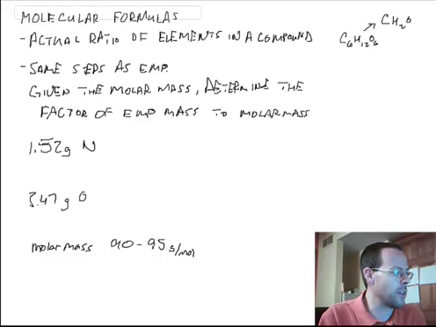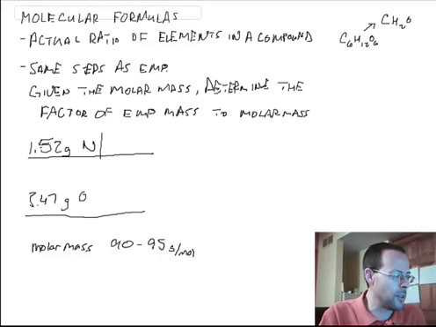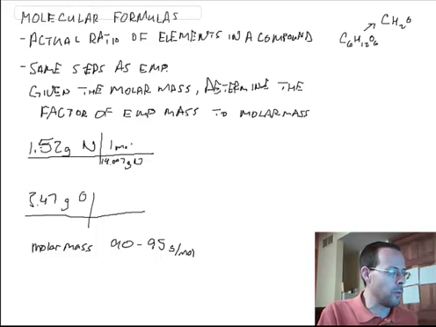Alright? So if we go back to our steps in empirical formula, our first step is, if we're given percentages, change them to mass. We're already given masses. Alright? So the second step is change masses to moles. So I'm going to change both of my masses to moles. So nitrogen, we're going to have grams of nitrogen on the bottom, and the molar mass of nitrogen is 14.007 per 1 mole.